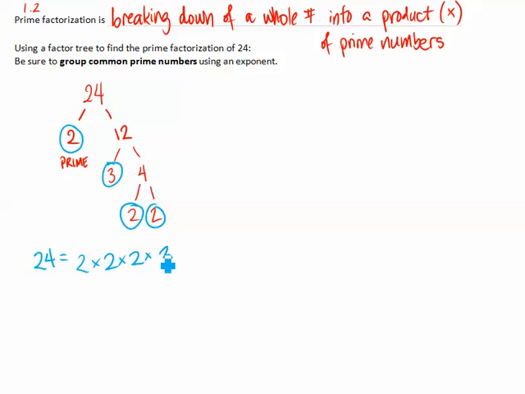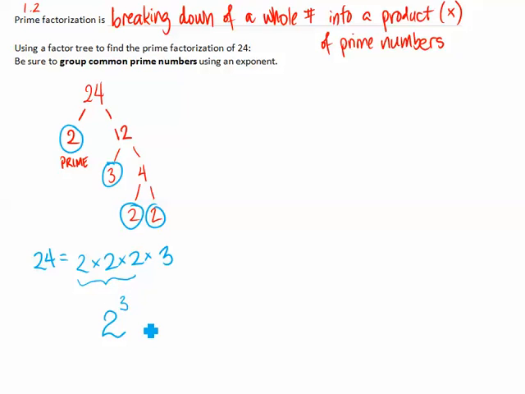Now, if you remember from grade 7, if we see a repeated multiplication of something, we can actually condense that. If we see 2 times 2 times 2, it's a repeated multiplication, and in math, we can represent that as a power. And if you remember, powers mean the larger number is the number being multiplied. The smaller number, or the exponent, tells you how many times it's being multiplied together, and in this case, it's multiplied together 3 times.